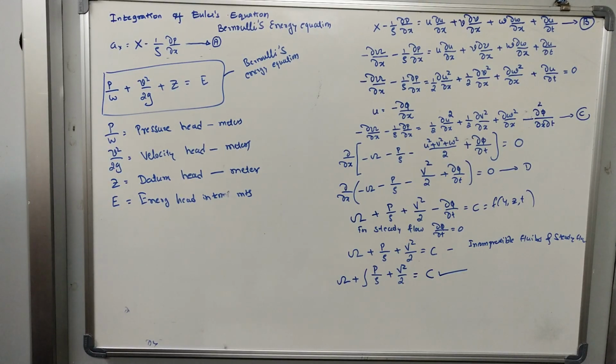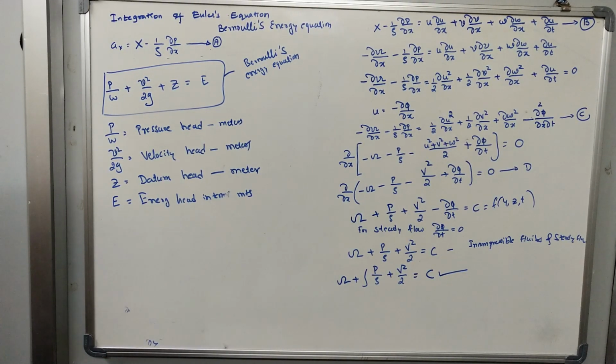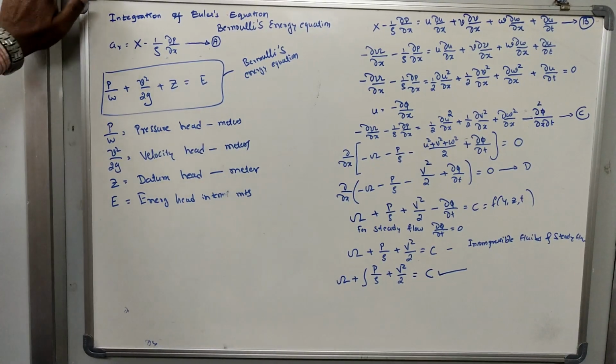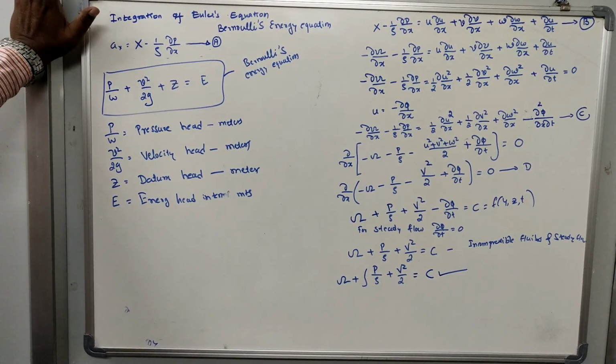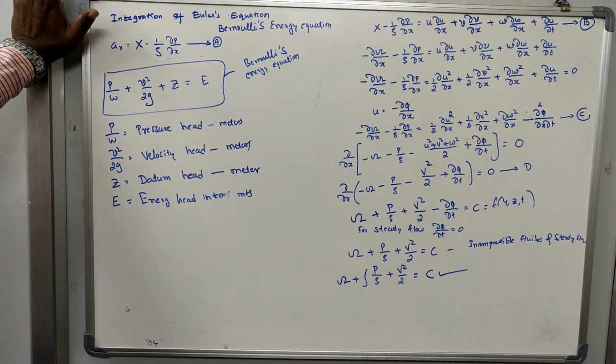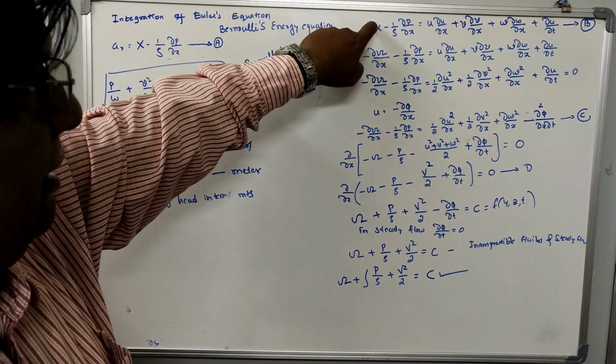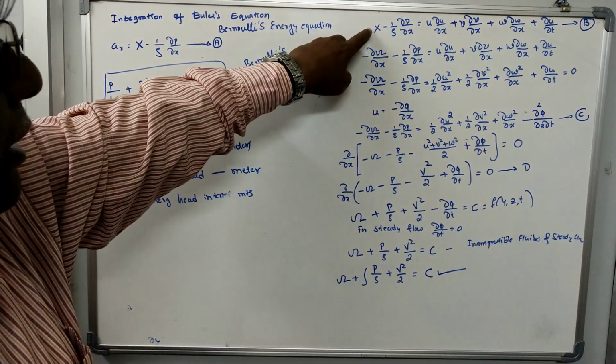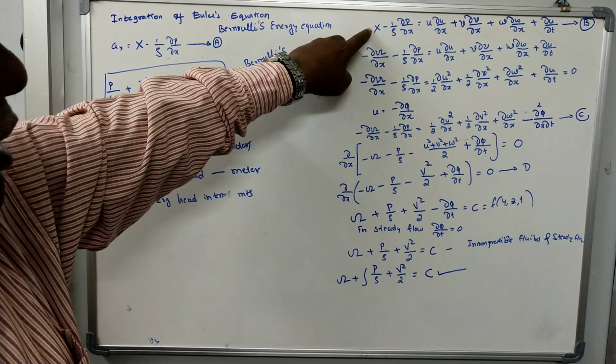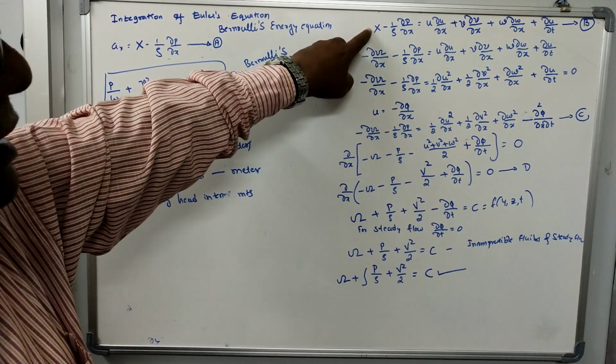So whatever differential term with respect to time becomes zero or vanishes from the differential equation. So with these two assumptions, the Euler's motion equation we have written like this. So this is for incompressible fluid flow and for the steady flow.